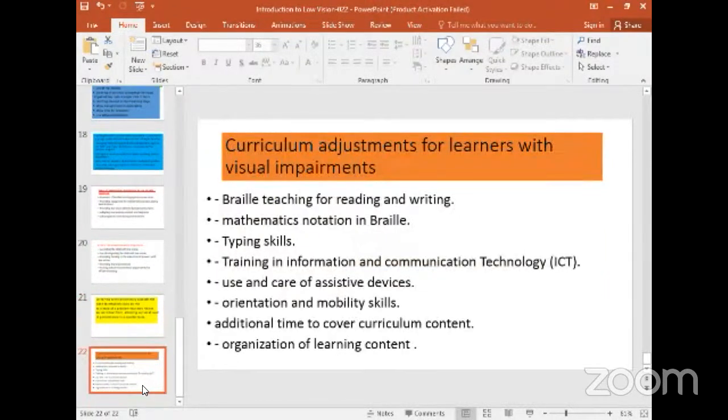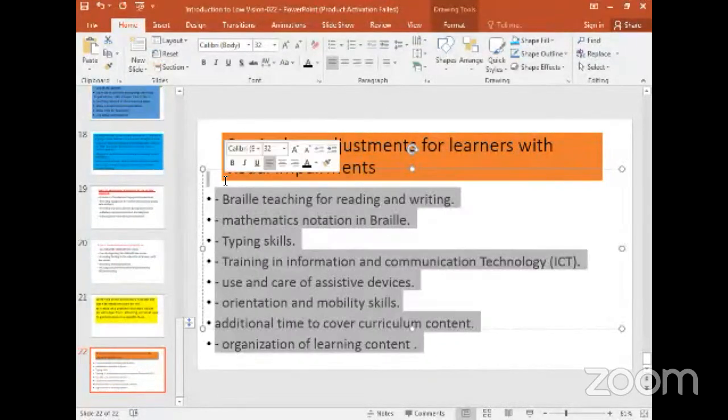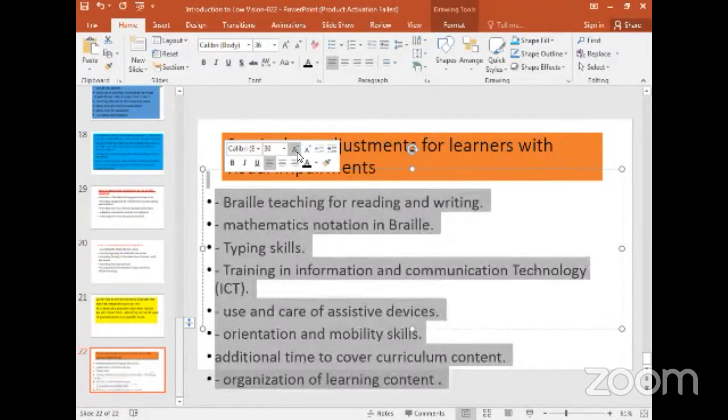individual. Then we talk about the curriculum adjustments for learners with visual impairments, and we are saying that yes, Josephine, they are not legible. This one, which size? 32.